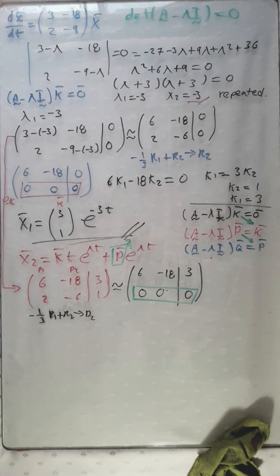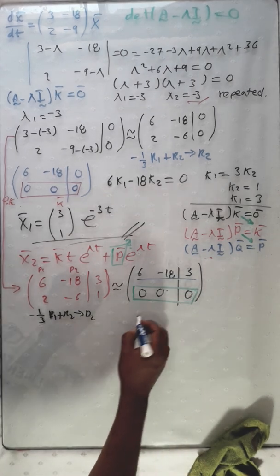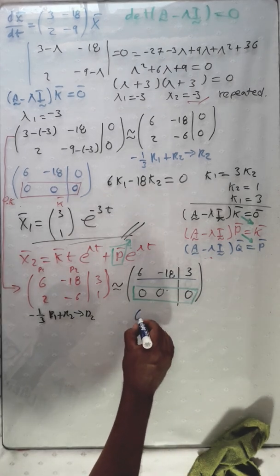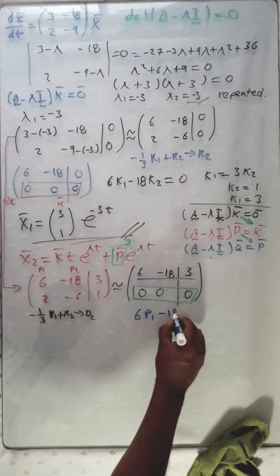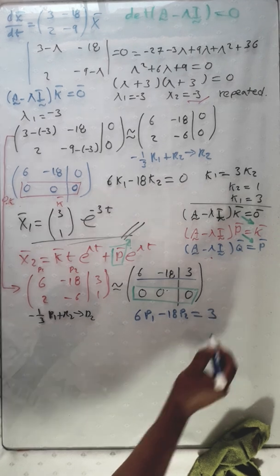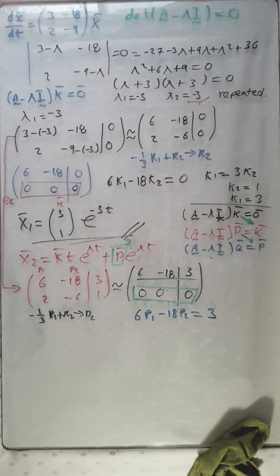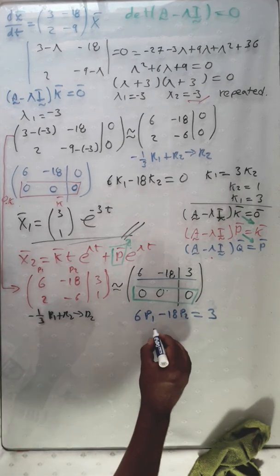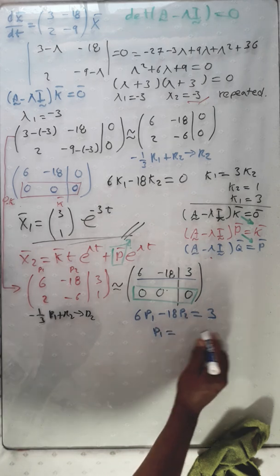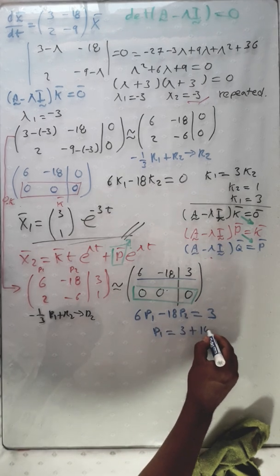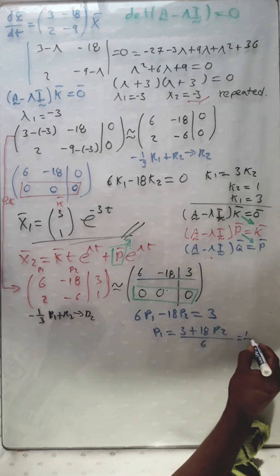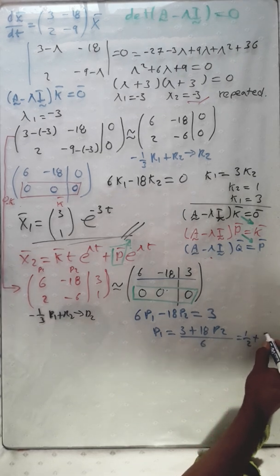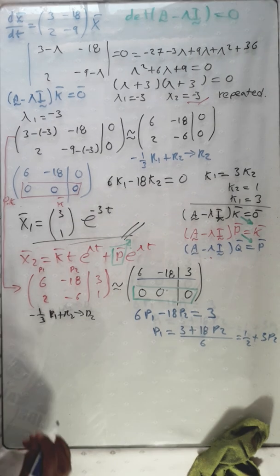So what happens here is that you get the following equation: 6 P1 minus 18 P2 equal to 3. From there, I'm going to clear one of the values. P1, I'm going to clear to the other side: 3 plus 18 P2, divided by 6. That means 1/2 plus 3 P2. So that is the equation.